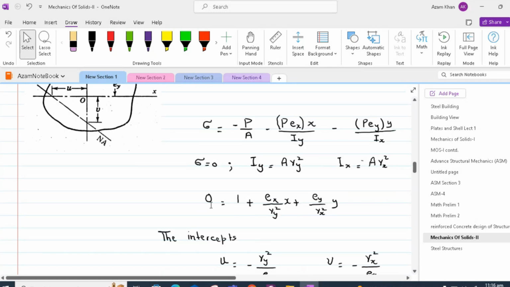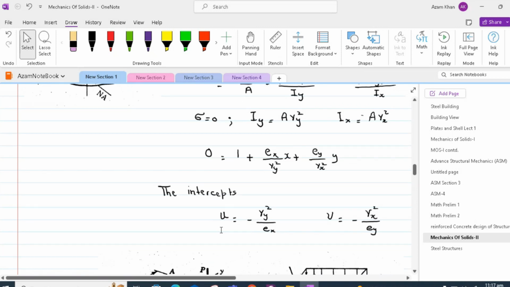This will give us the equation of a straight line shown as 1 plus ex by ry squared times x plus ey by rx squared times y equal to 0, where we can define the intercepts as u equal to minus ry squared by ex and intercept v equal to minus rx squared by ey.